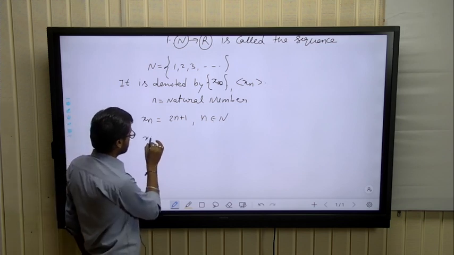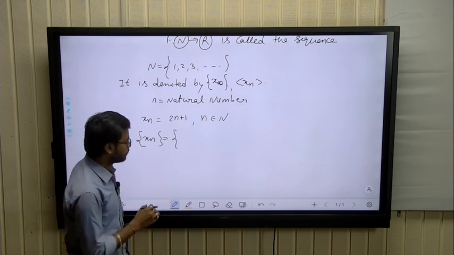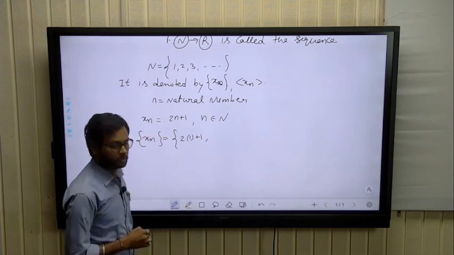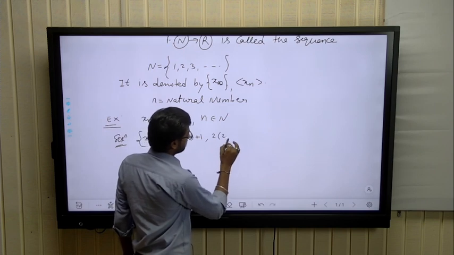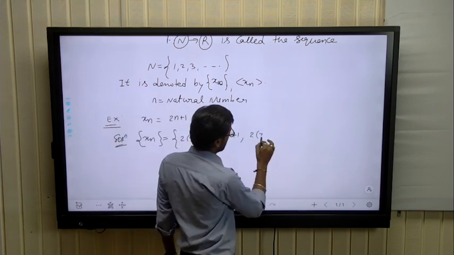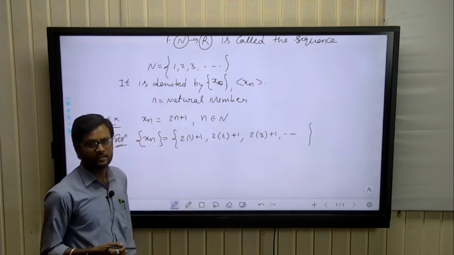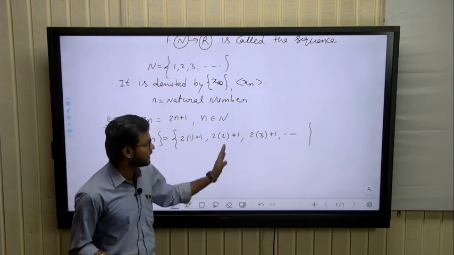So the terms of the sequence are, when we put n equals 1, the term is 2 into 1 plus 1. If we take n equals 2, the term is this, and n equals 3, the term is this, and so on, because N is an infinite set. So we take only 1, 2 and 3 and so on.